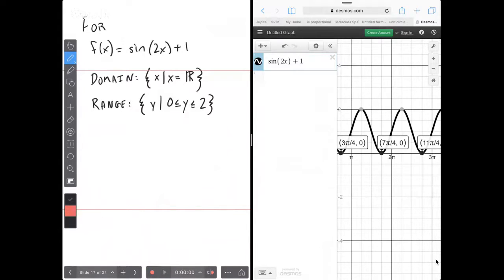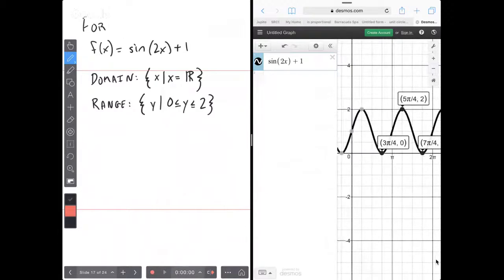Domain and range, we did. Periodicity. What do we say, pi, right? 2 pi over 2 is pi.